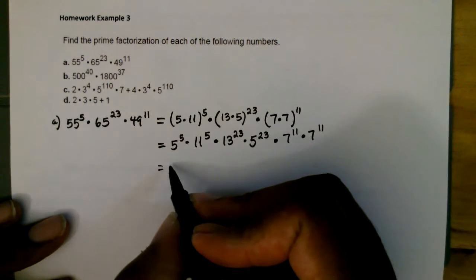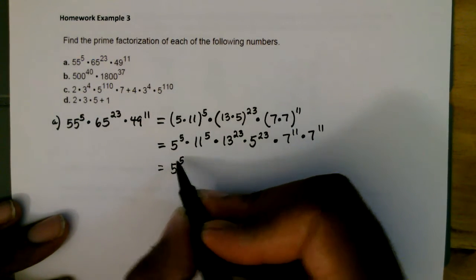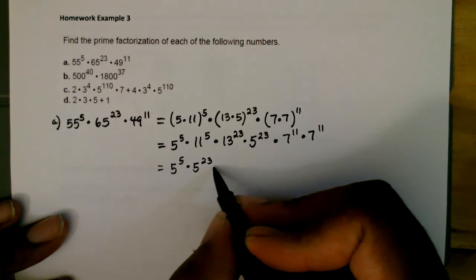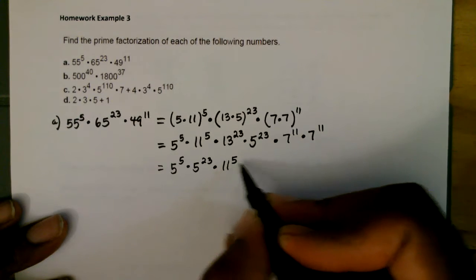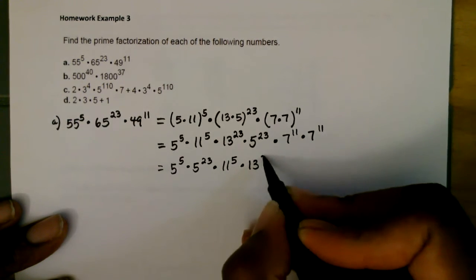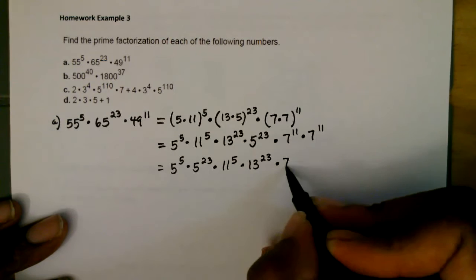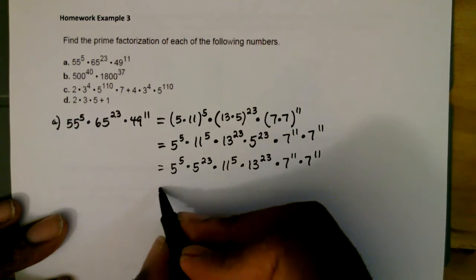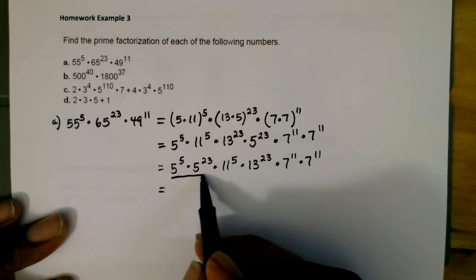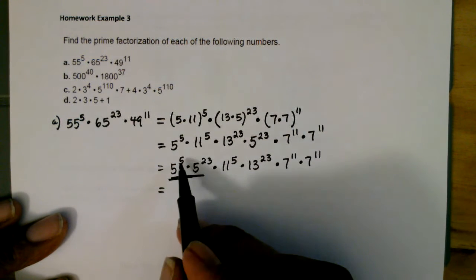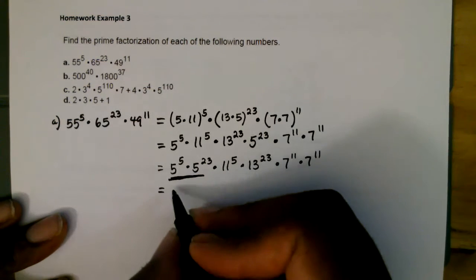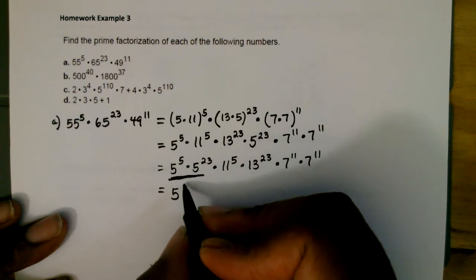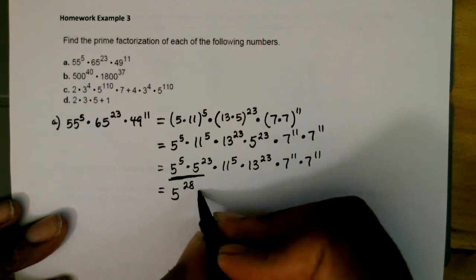Like, I'm going to group this: 5 to the 5th times 5 to the 23rd times 11 to the 5th times 13 to the 23rd times 7 to the 11th times again 7 to the 11th. Here, if I multiply powers of the same base, 5 to the 5th times 5 to the 23rd, bring down the common base of 5 and then add 5 and 23 together, you'll get 28.